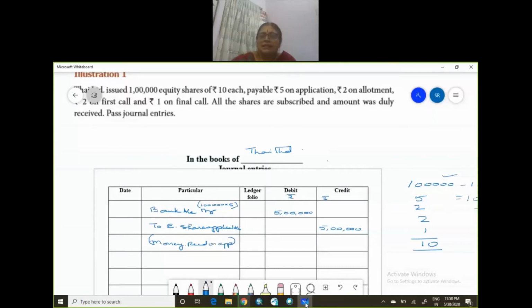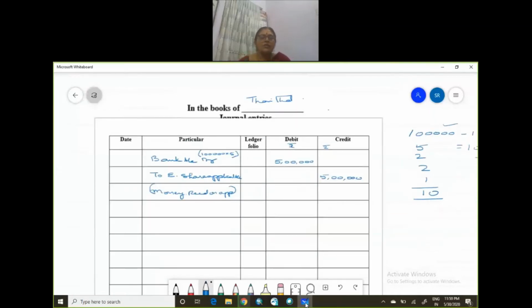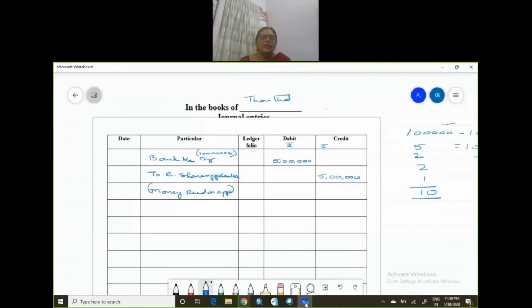Okay, what will be the second journal entry? Second journal entry, share application account debit, equity share application account debit to share capital account. That is equity share capital account.